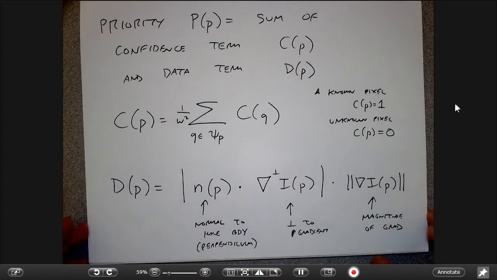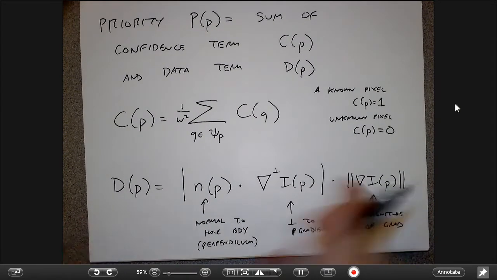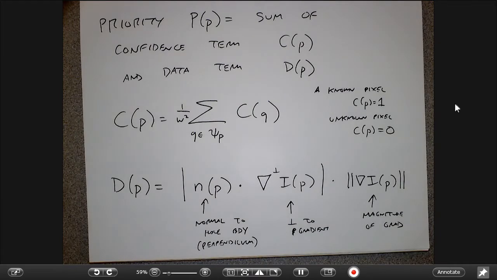So what I want to do is find high gradient regions, right? Places where there are edges. And I also want the gradient and the hole boundary to be perpendicular to each other, right? I want to make sure the gradient is pushing perpendicularly directly into the hole.